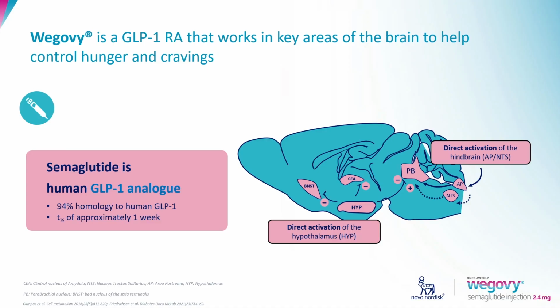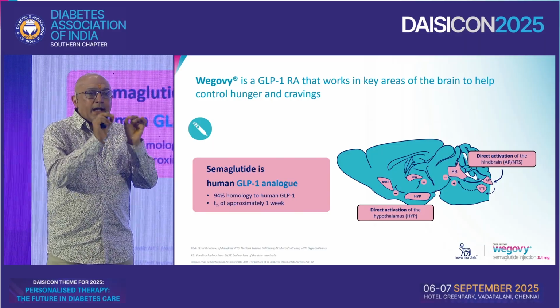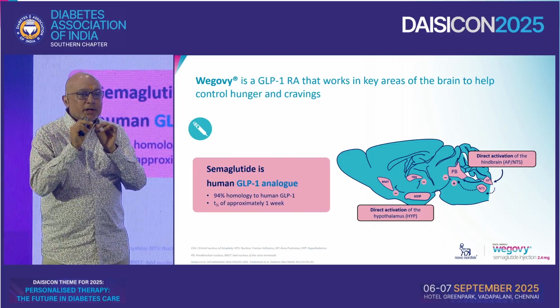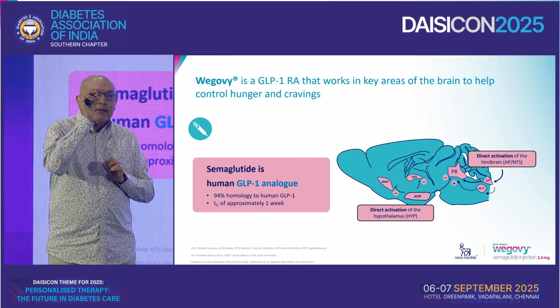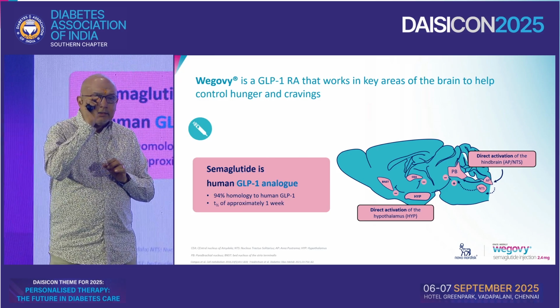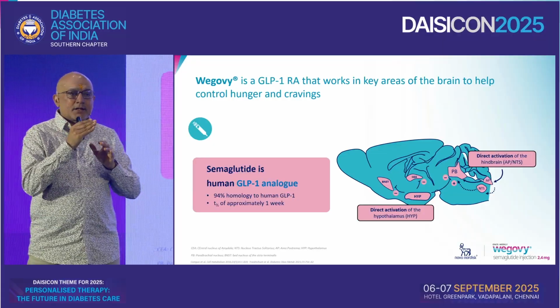But what we have learned over a period of time is that they work at the level of the brainstem, right? The NTS is where nausea takes place, but right next to it, near the substantia nigra, is a center that has CGRP neurons. That's where this starts.